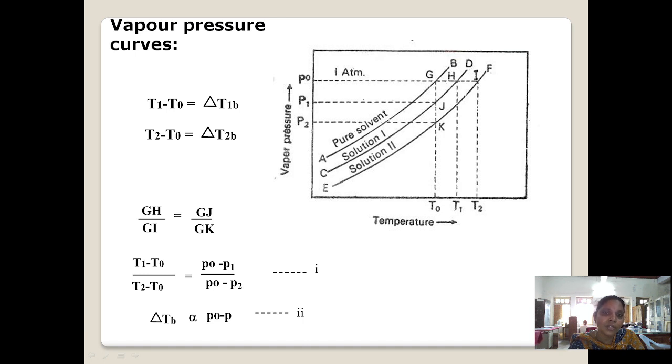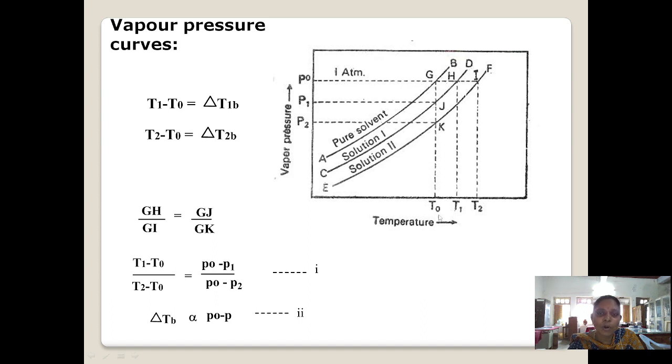If we add some x grams of non-volatile solute to the pure solvent, then the vapor pressure decreases from P0 to P1 due to the evaporation surface phenomenon.